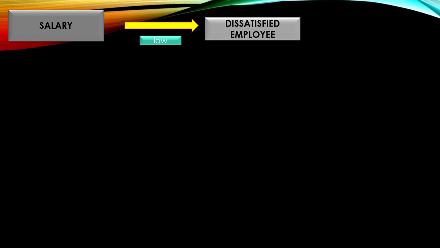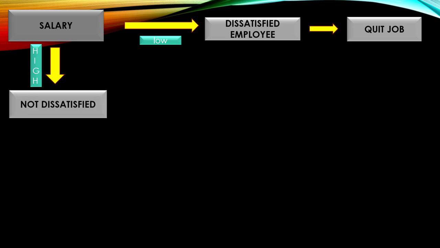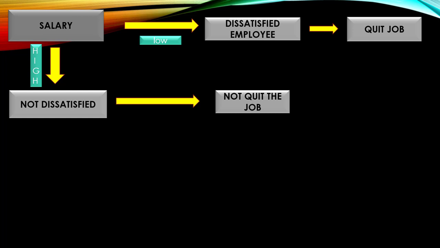Now let's consider the term salary. When an employee gets a low salary, what will happen? He will be dissatisfied and he can quit the job. Whereas if the same person gets a high salary, then he will not be dissatisfied and he will not quit the job.